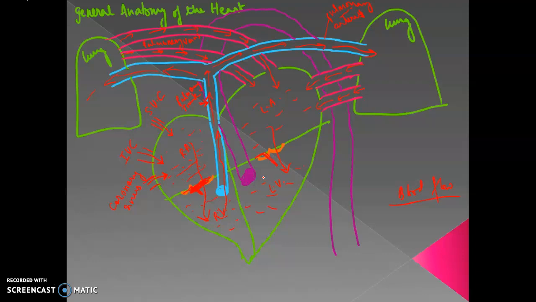The bicuspid is shut closed and the aortic semilunar valve, which is right here, this one opens up. And blood from the left ventricle then enters into the aorta. The purple vessel is aorta, which finally carries blood to different parts of the body.